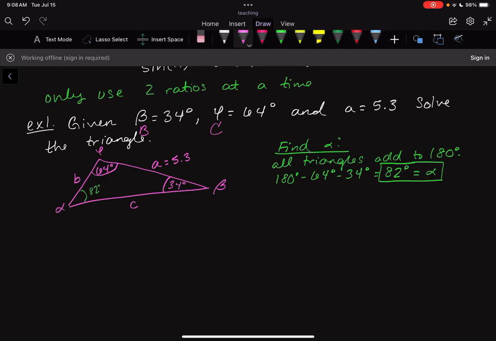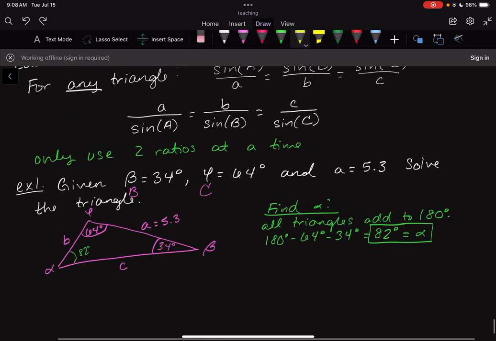Now the reason that I needed to go find alpha, to be able to use the law of sines, you need what I like to call a fully developed ratio, meaning you either need A across from alpha, you need B across from beta, you need C across from gamma. So with our original information, we had gamma, but we didn't have C. So we didn't have a fully developed ratio there.